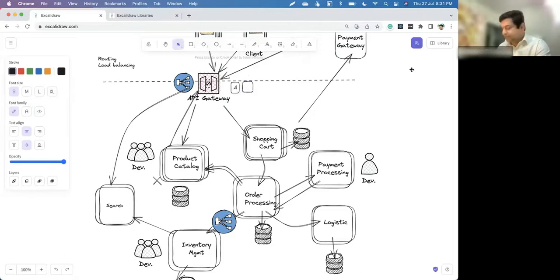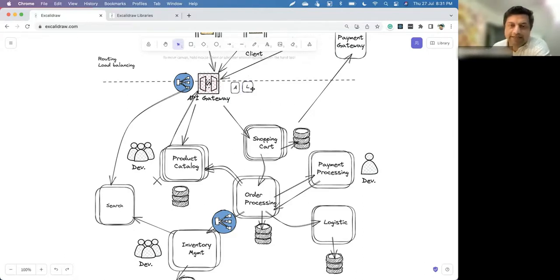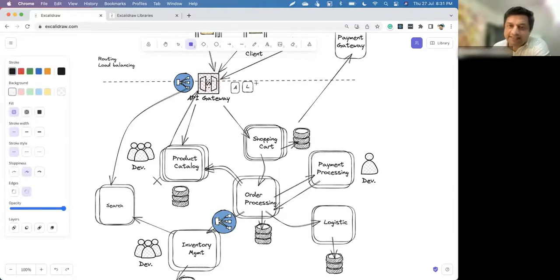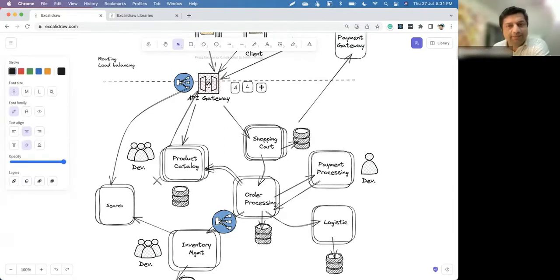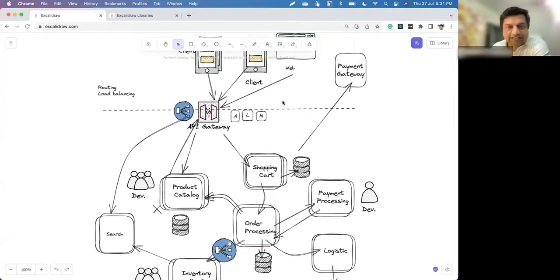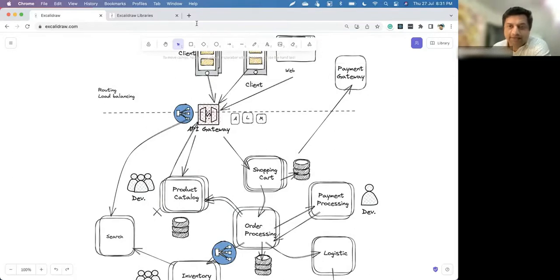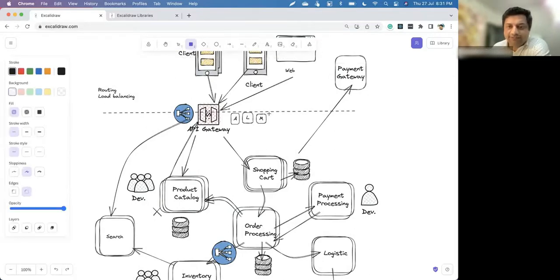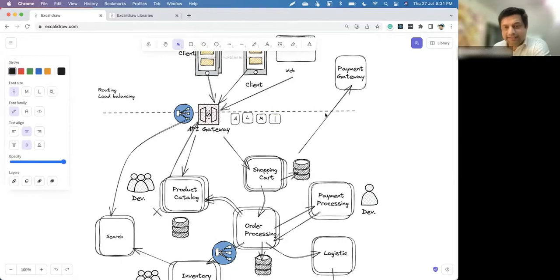The other functionality is logging. Logging could also be added here. Monitoring, tracing, a lot of things you can have in the API gateway. Caching could also be done. I provided a list of various features of the API gateway in the last session.